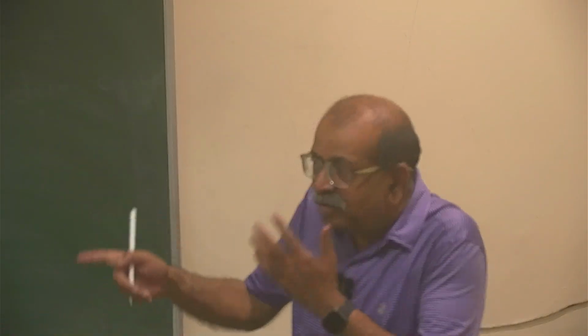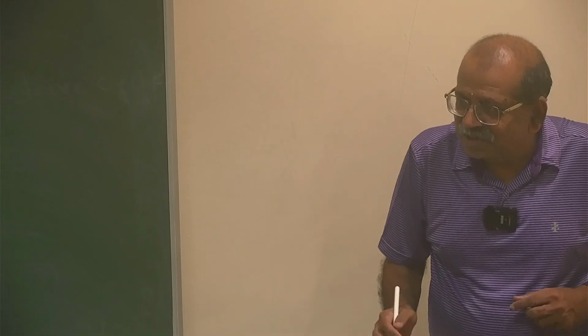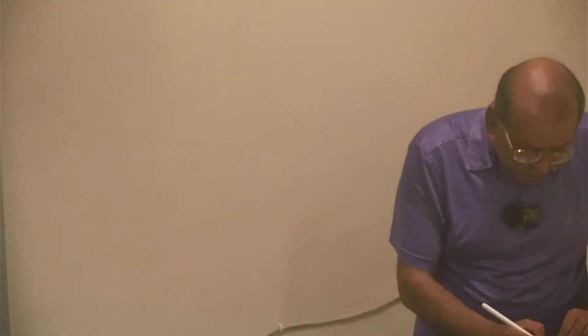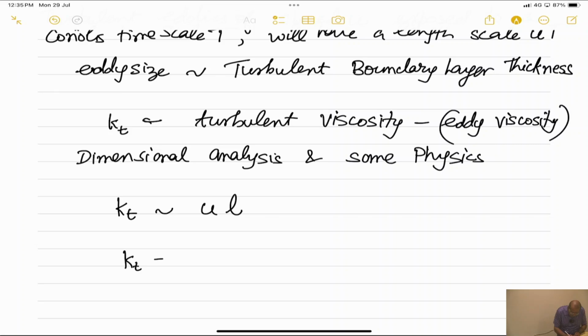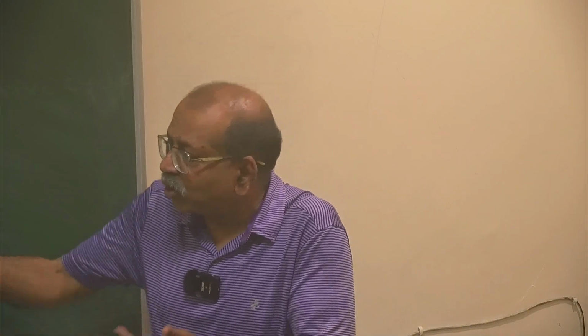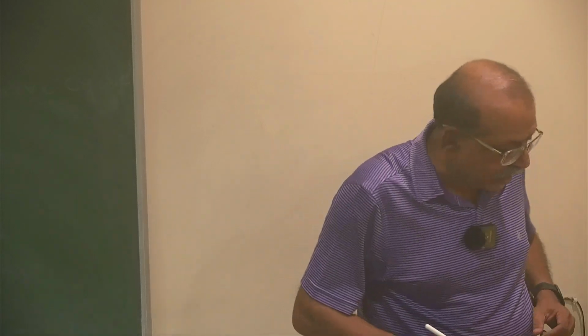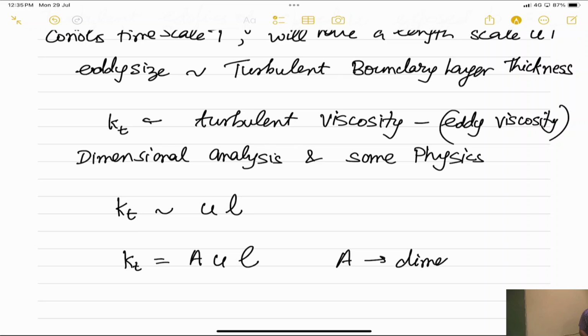So now when you develop models like this on dimensional basis, you will write KT is equal to A times U times L. U times L comes from dimensional analysis, but to make it of the proper order of magnitude, you put a constant A, and this A is a dimensionless constant.